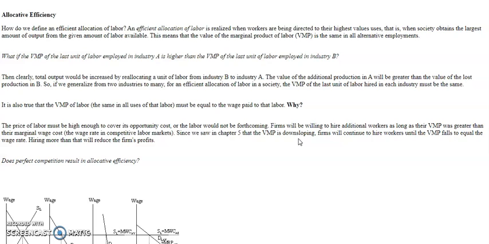The firms will continue to hire workers until the value of marginal product equals the wage rate. Hiring more than that will reduce the firm's profit. Up to that point, the value of marginal product equals the wage rate, and the firm will stop hiring labor.